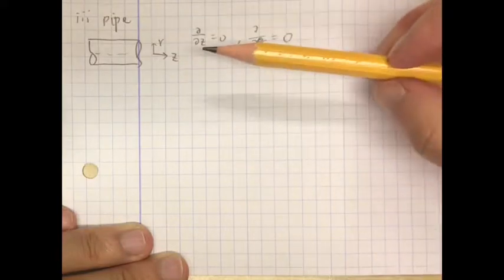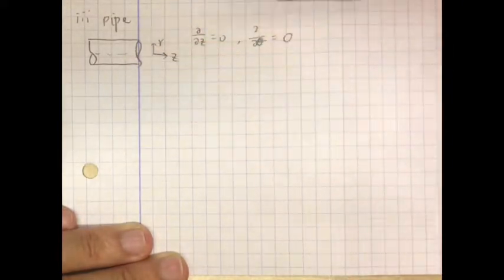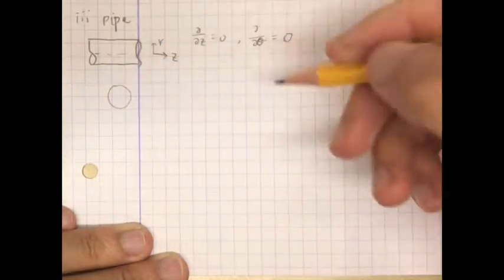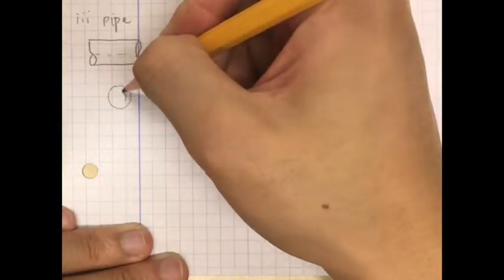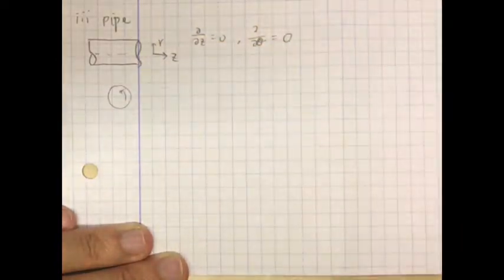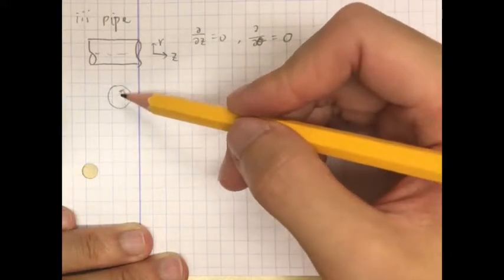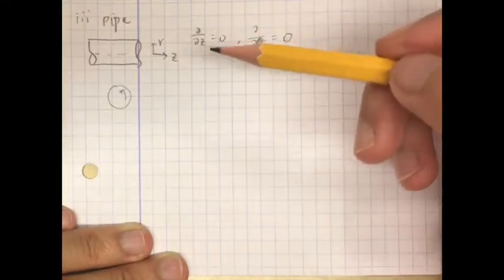If I look at the pipe, let's say from right to left, we see something like this. And the theta direction is this direction, right? This rotating direction. So I see the flow property now, let's say.